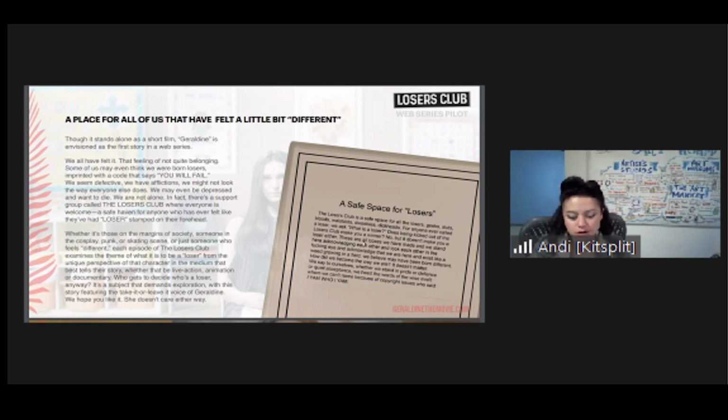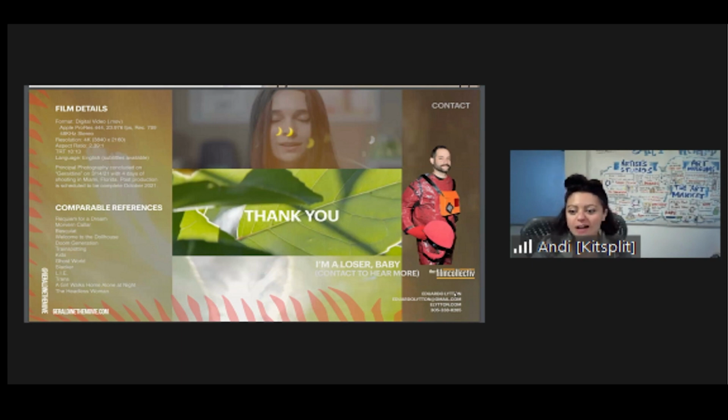Also, this, oh man, I cannot do this for life. I love this page. I never once thought to put the formats that it was available in. This is so important for film festivals. Anyone who wants to screen it is going to ask you how you deliver it. I love this.